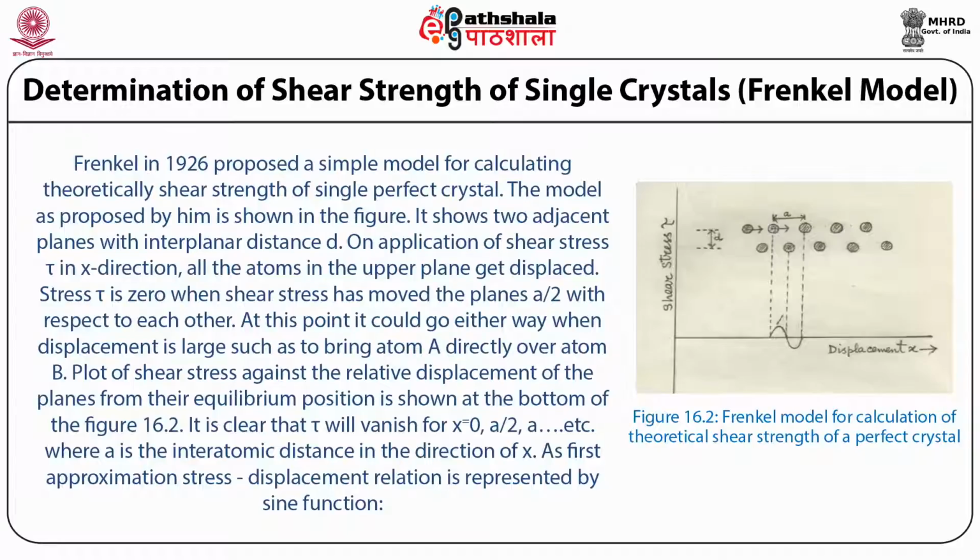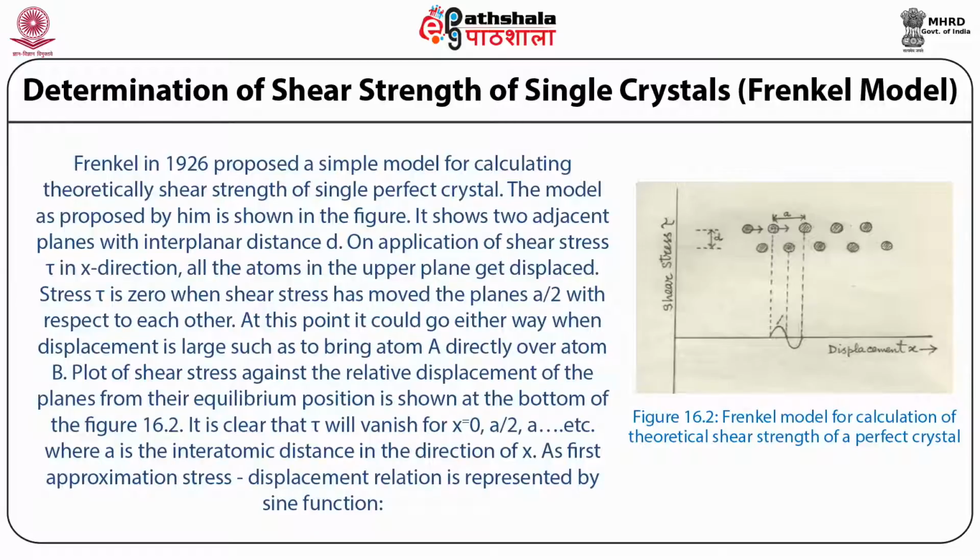Stress tau is 0 when shear stress has moved the planes a by 2 with respect to each other. At this point, it could go either way, when displacement is large, such as to bring atom A directly over atom B. A plot of shear stress against the relative displacement of the planes from their equilibrium position is shown at the bottom of figure 16.2.